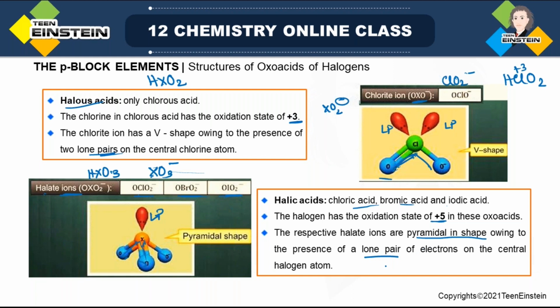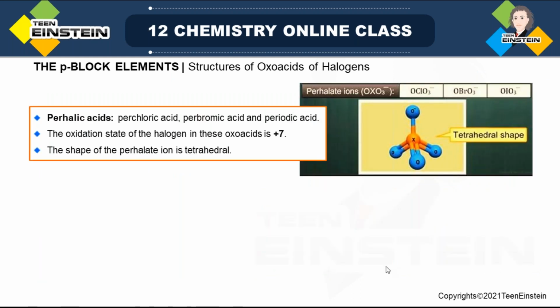And the last type, now at the fourth position also there is oxygen, and the formula is HXO4, with the corresponding anion XO4 minus. It is better to write XO4 minus, because the negative part should always be in the second position.